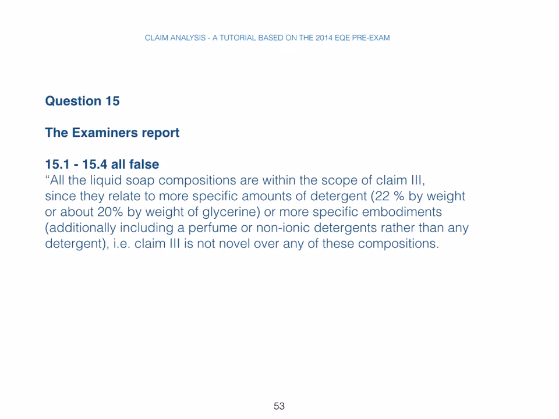So 22% is more specific than 20 to 25%, and we can take the general lesson that the specific anticipates the general.